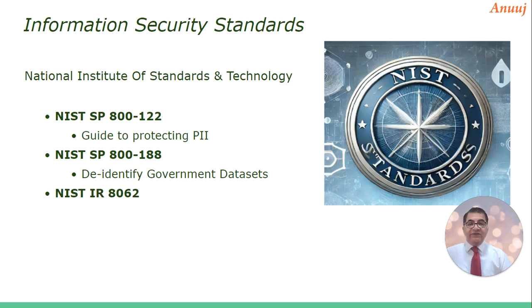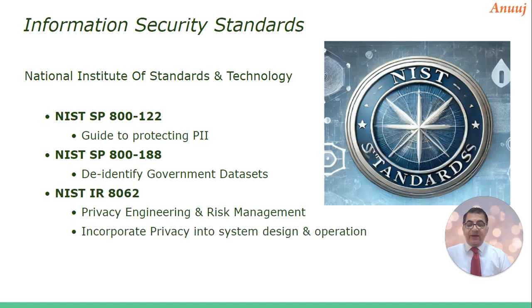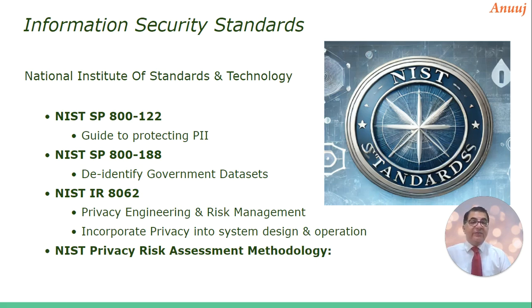The NIST IR 8062 standard provides privacy engineering and risk management and incorporates privacy into system design and operation. Something similar to the privacy by design model, which also says that privacy should be a part of your system's design and operations. And finally, NIST now also has a privacy risk assessment methodology.